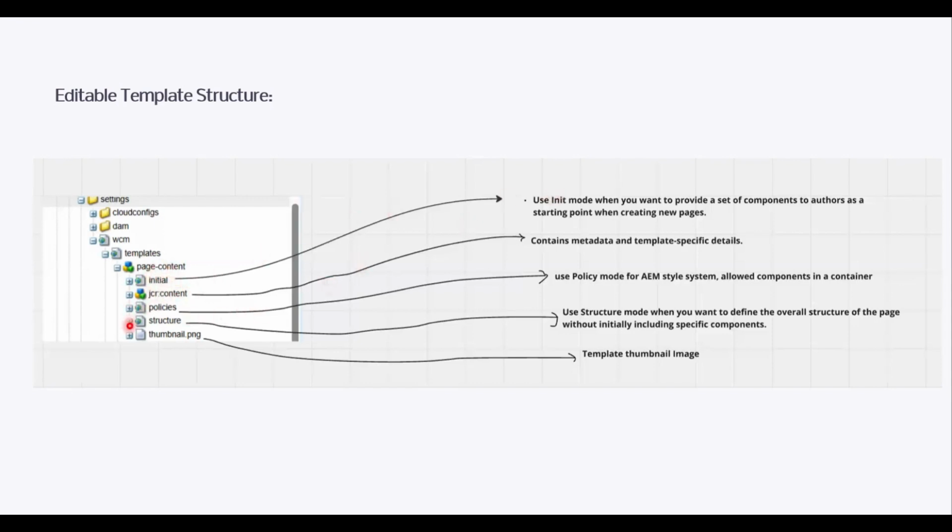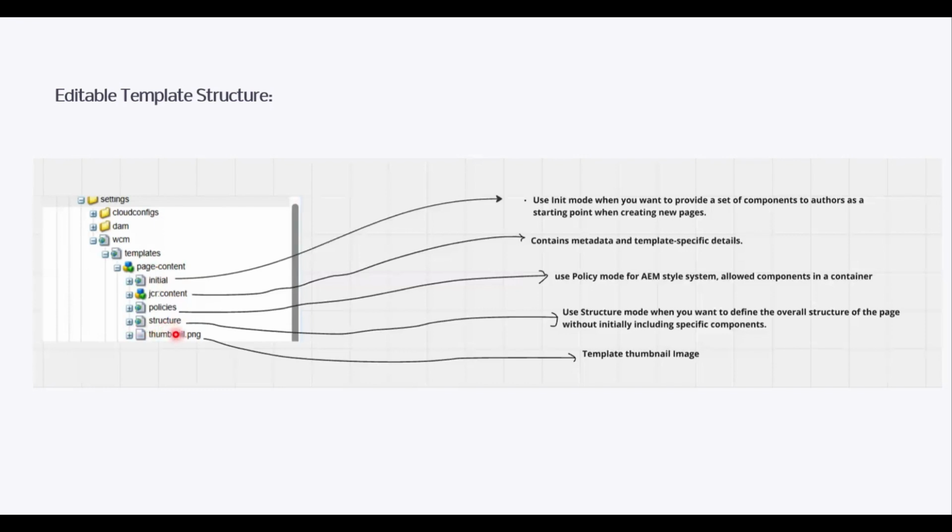But in the structure section, we are not adding content in the starting phase itself. Generally, we do it after creating the pages. If you know something needs to be added in the structure section, once we add it, that feature will be available throughout the whole pages.